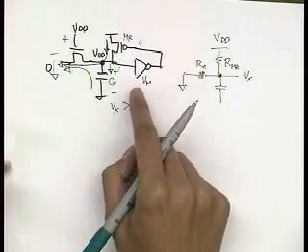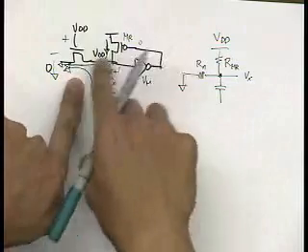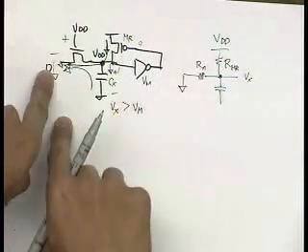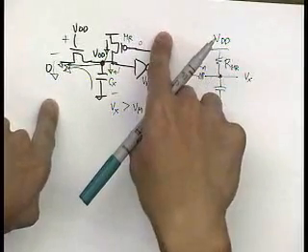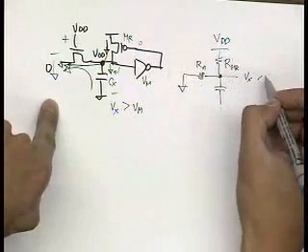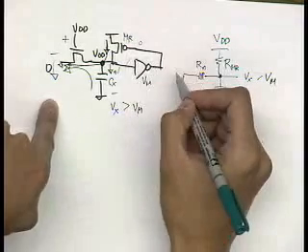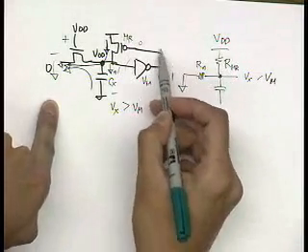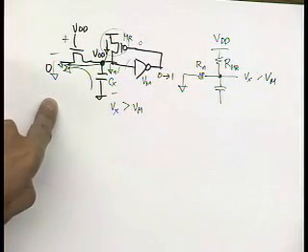So what does that mean? It means that I have to size these 2 inverters such that I can actually pull this down, to pull this down, to pull this up. Notice that I just need to get through VM to switch this inverter so that this 0 goes to a 1 and then turns this off.